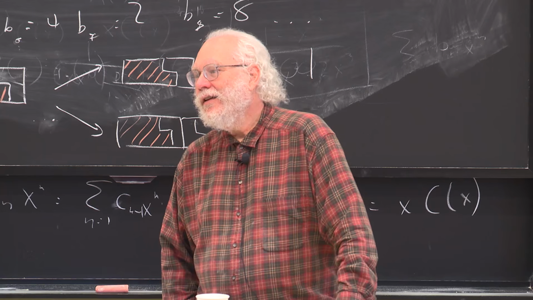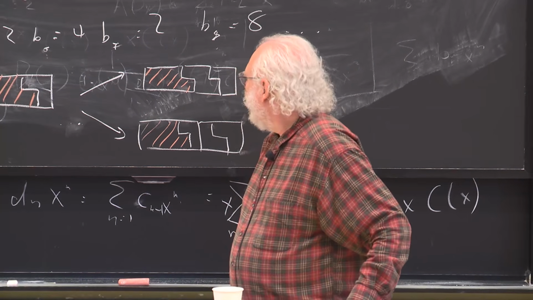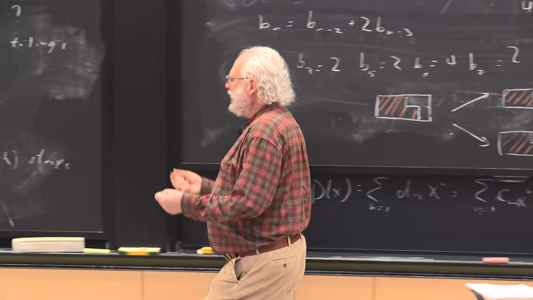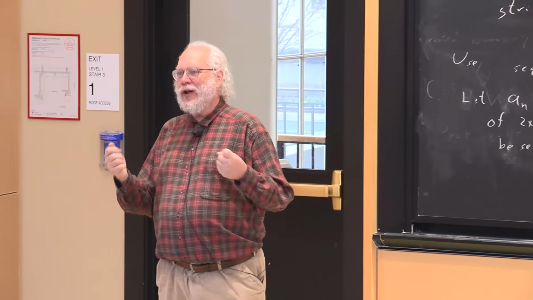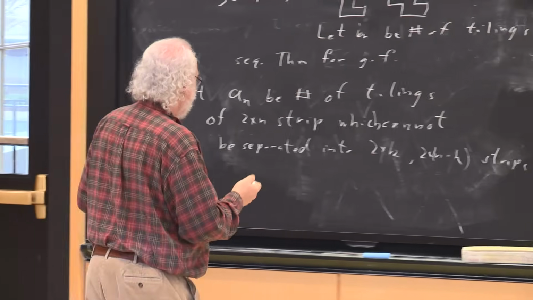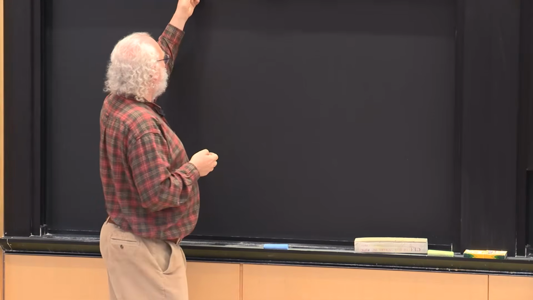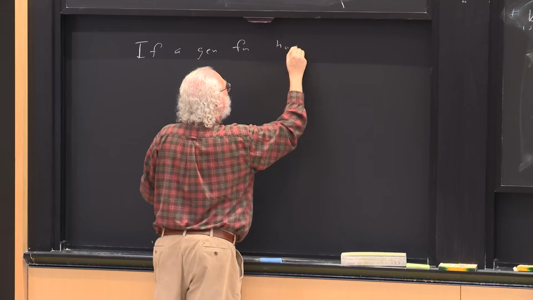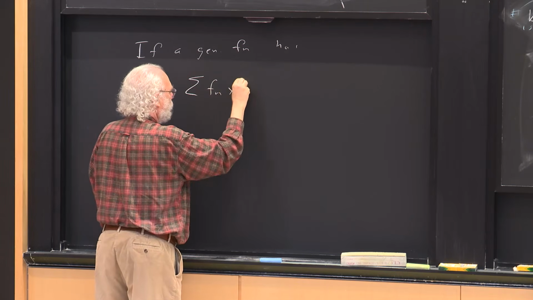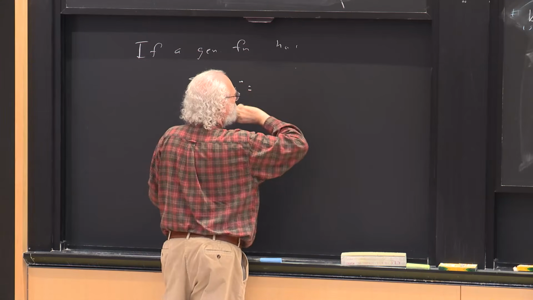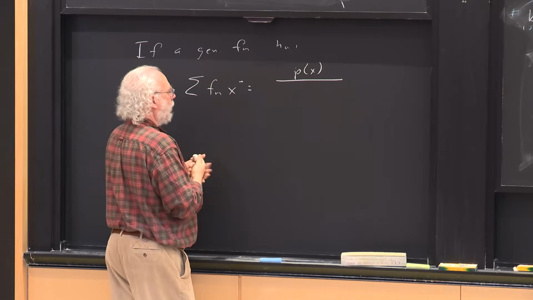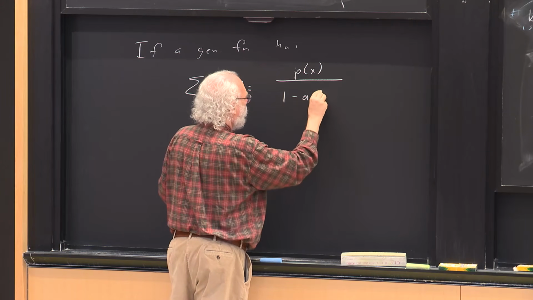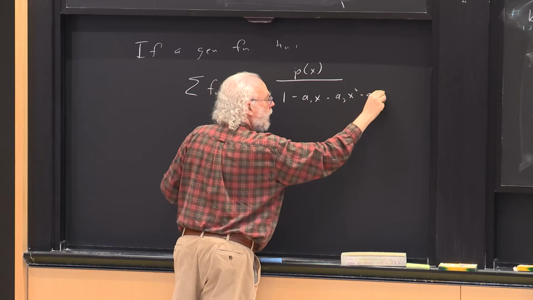Yes? You go for how you got the b n recurrence? How I got the b n recurrence? Well, if you go through our proof about how to construct generating functions from recurrences, if a generating function has summation f sub n x to the n equals p of x over 1 minus a1 x minus a2 x squared minus a3 x cubed.